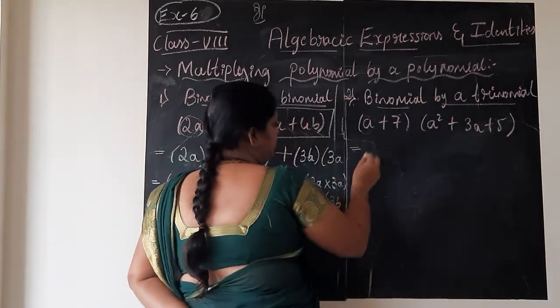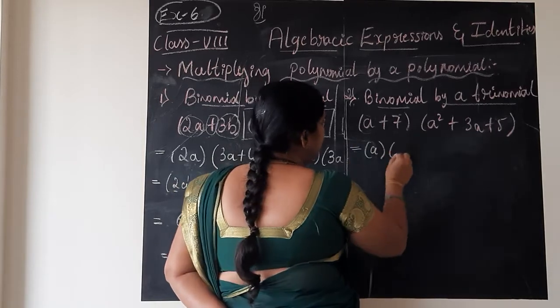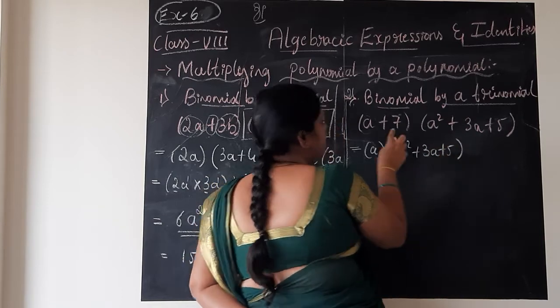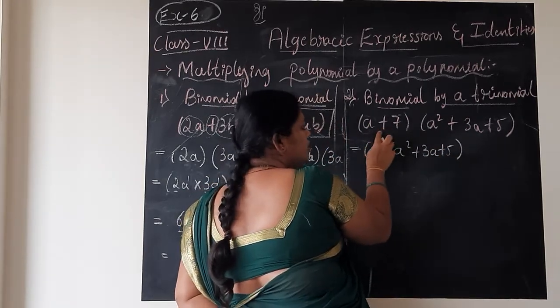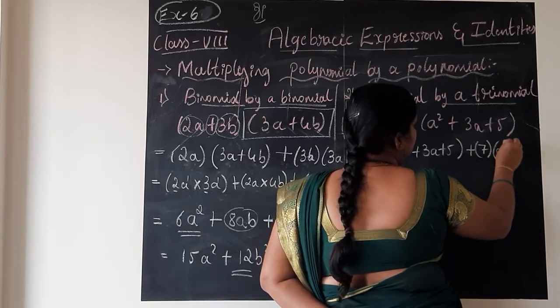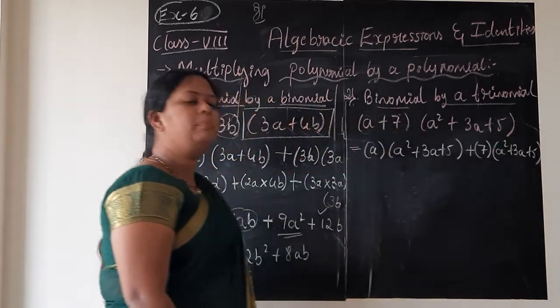Is equal to first term. Always write the terms in brackets, I have been telling you. a into (a square plus 3a plus 5). Plus sign is there between the two terms in the binomial, so plus again 7 in the bracket into (a square plus 3a plus 5), and close the bracket.